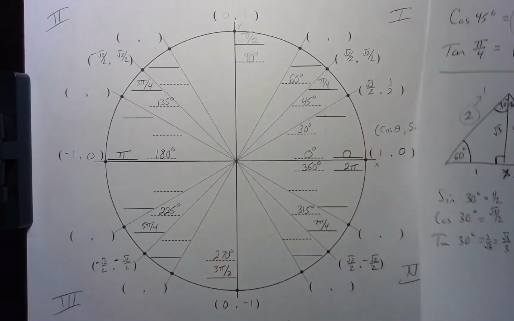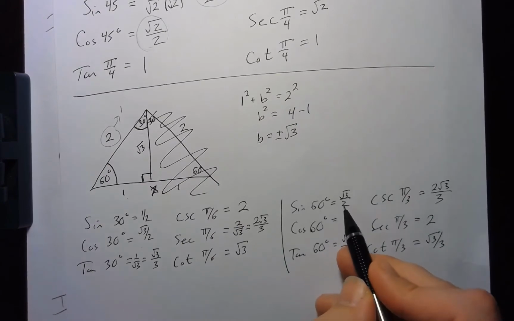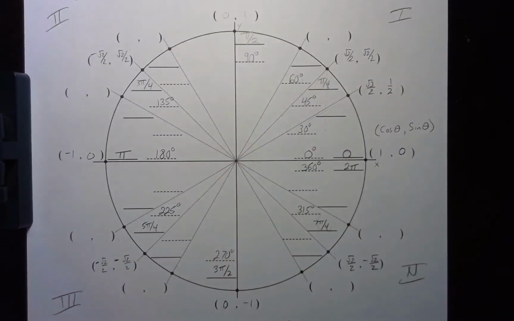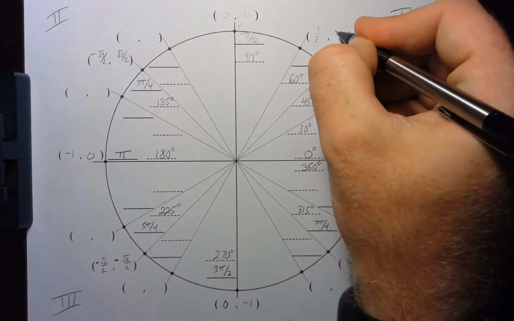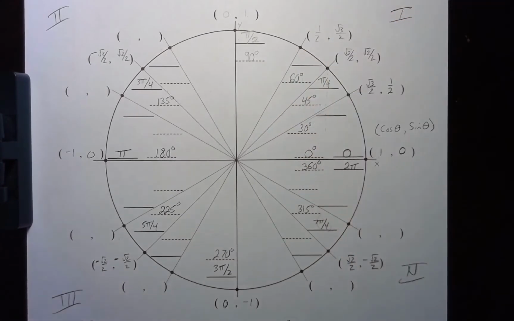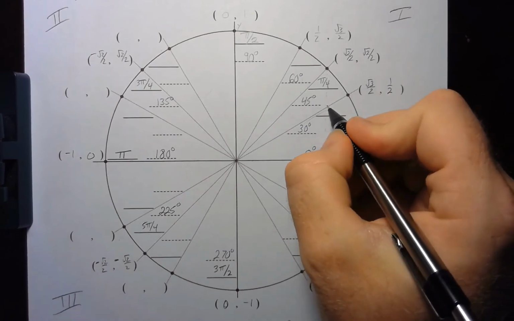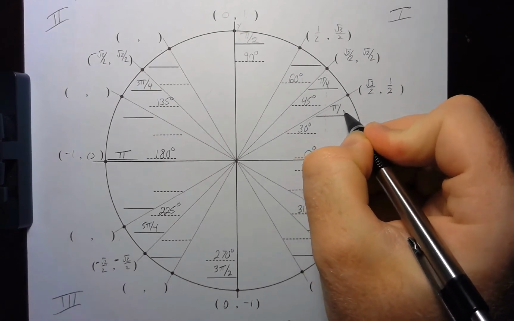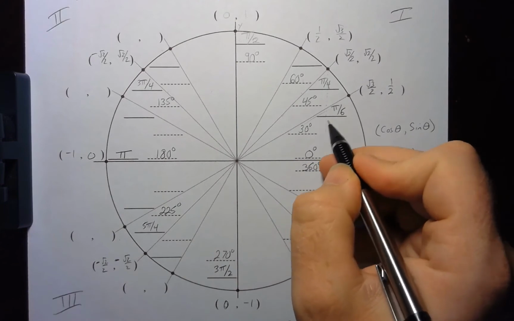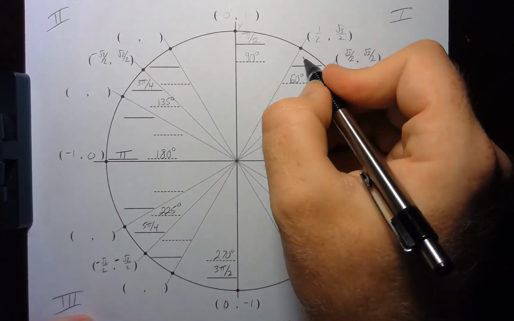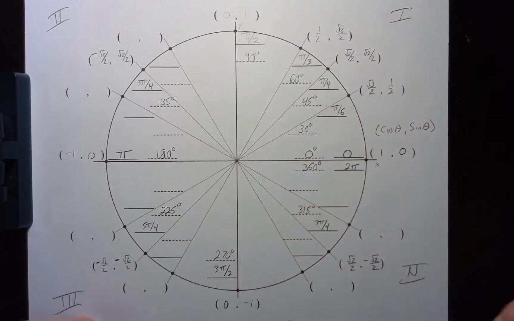And if you look at the 60-degree marker, the values are flipped. So I'm going to have 1/2 here and radical 3 over 2 there. So I now have the majority of the first quadrant filled in. The only thing I have left to do is the pi over 6 for this location. Pi over 6 is equivalent to 30 degrees. And over here I have to do the pi over 3 value.